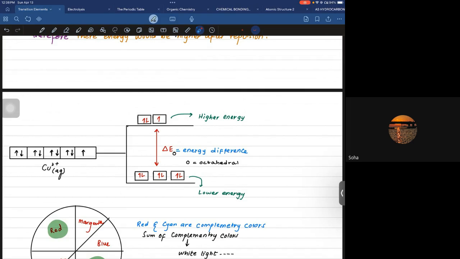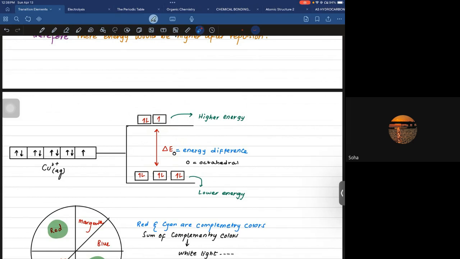The energy level depends on how far or how close the ligands are, basically on the strength of the ligand. If stronger ligands approach the metal, a higher difference of energy would be created, so it would absorb more energy, more light, and of course give a darker color.